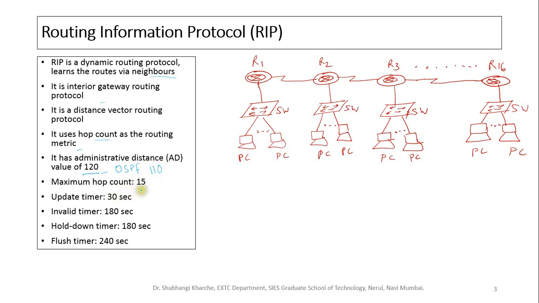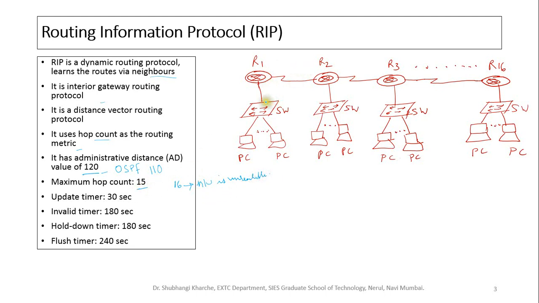The maximum hop count for RIP routing protocol is 15. That is, if the metric becomes 16, that is hop count is 16, then that route is unreachable, or the network is unreachable in case the hop count becomes 16.